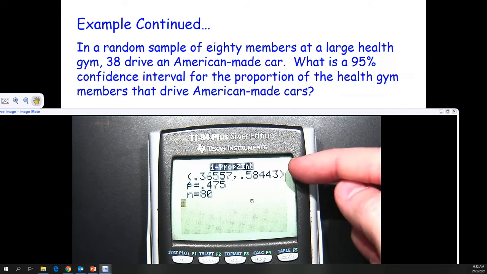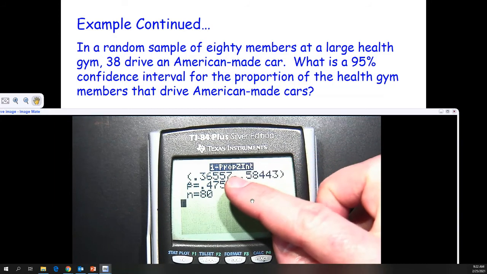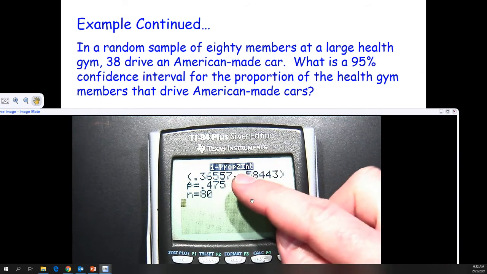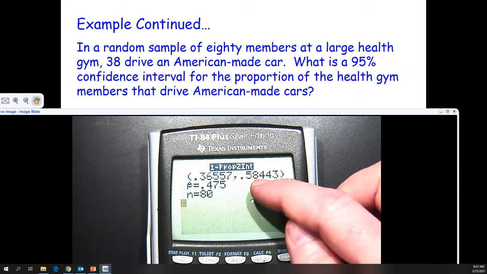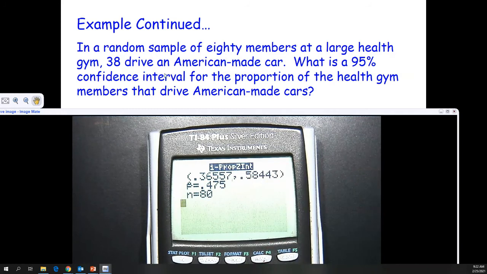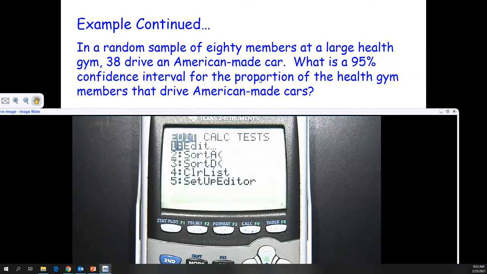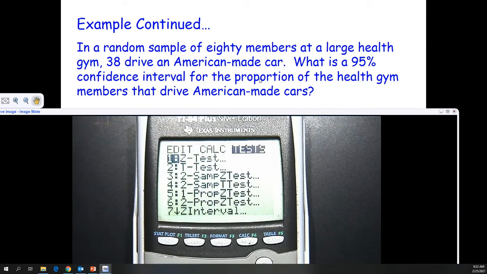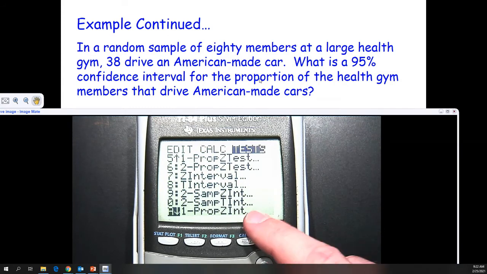and here is your interval. Very nice of them. They do all the work for us. So the true proportion is probably between 36.6% and 58.4%. That's our interval. So again, I went to stat on your calculator, over to tests, and I scrolled all the way down until I found 1-PropZInt.